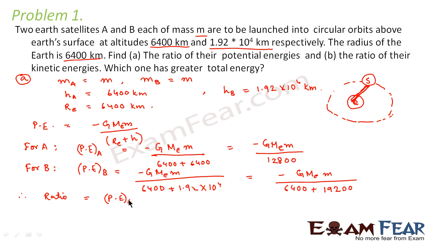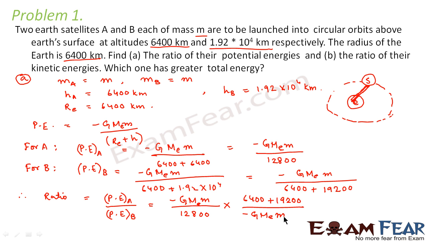The ratio of potential energies would be equal to potential energy of A divided by potential energy of B. So this would be equal to minus G ME into m divided by 12800, divided by minus G ME into m divided by 6400 plus 19200.